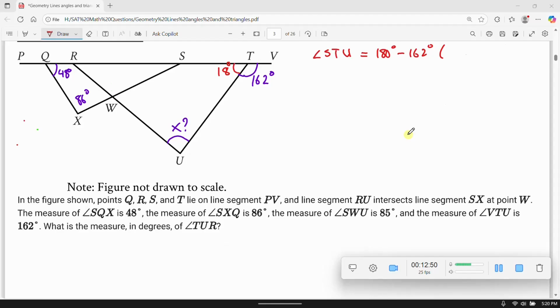So now I need to find the angle X. Think about the triangle RTU. If we know the angle R, that will be the goal, which is to find the angle TRU.